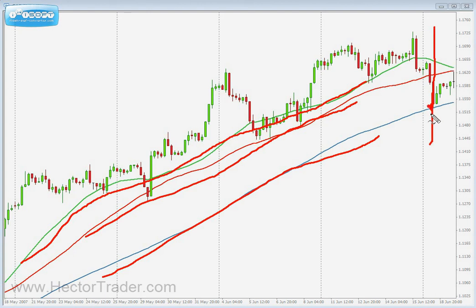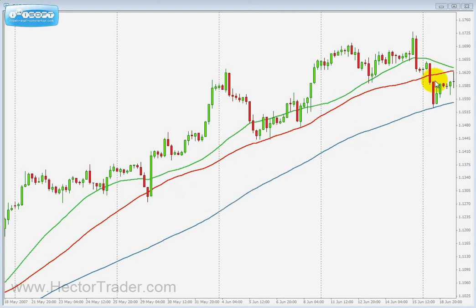Now one of the 6 conditions is not applying anymore. Price has touched the 100. Now another condition that is not applying anymore: price is not remaining above the 50. In this uptrend, price is not spending most of the time on the right end of the 50 simple moving average. Remember when I said 1-2 bars below is okay, but now we've had 1, 2, 3, 4, 5, 6, 7 bars.